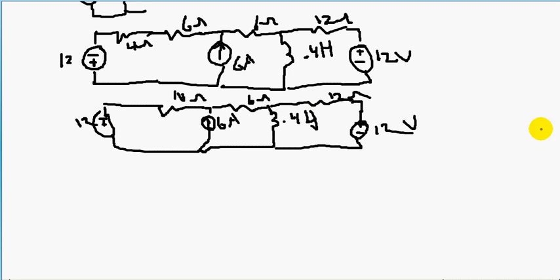How we do that: we use Ohm's law again, V equals IR. But in this case, we want a current source in parallel with our resistor. So the value of our current source would be the voltage divided by the series resistance.